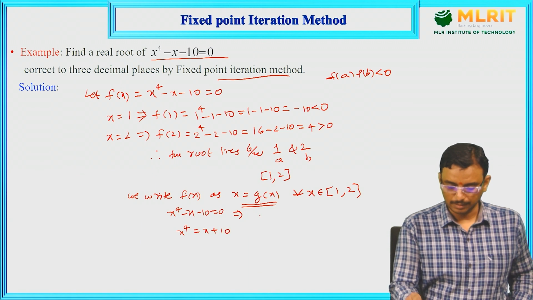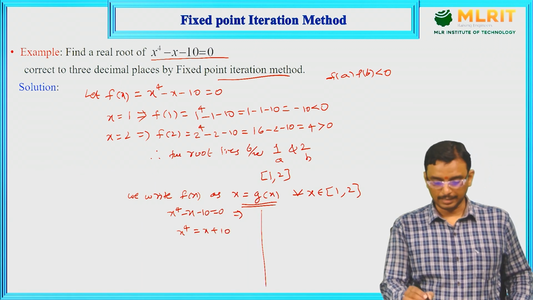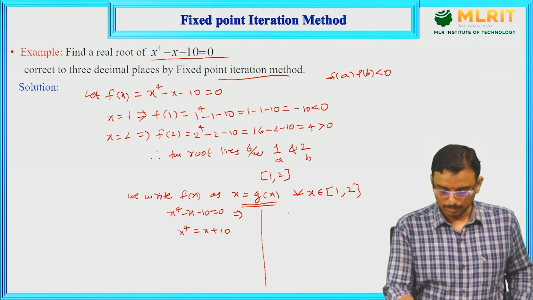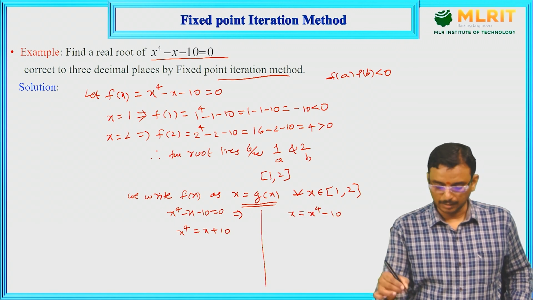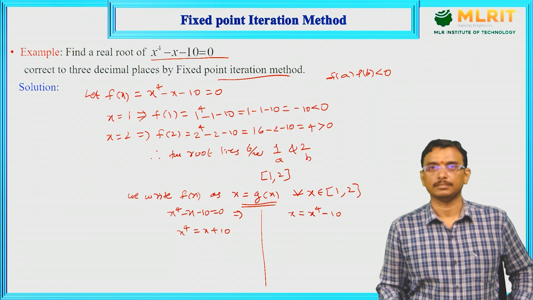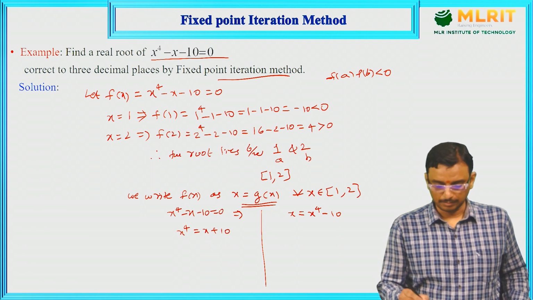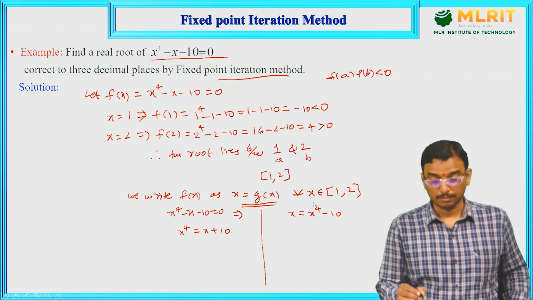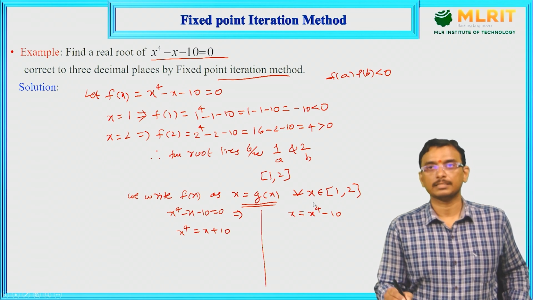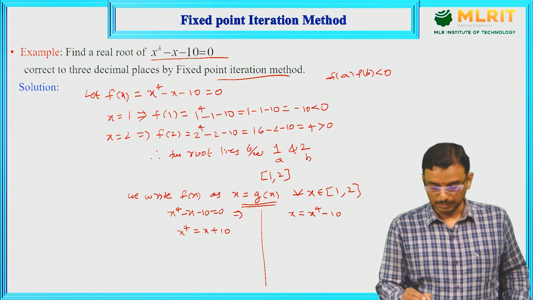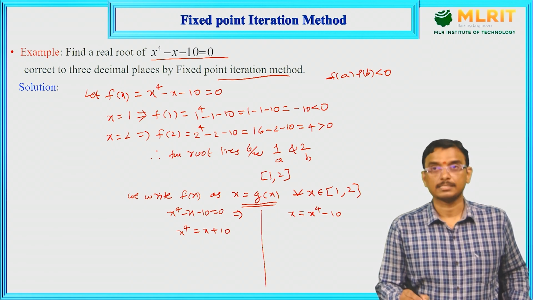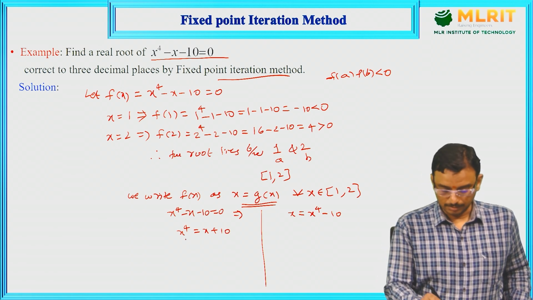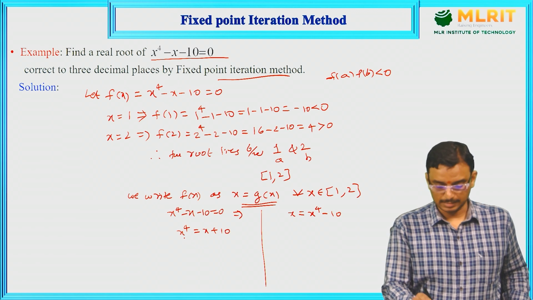This is one way, and another way we can write it as x is equal to x to the power 4 minus 10, and many other ways. But how do we know exactly whether the sequence converges and the root exists or not? If it is divergent, the sequence does not exist. So we have to check which sequence exists or converges. Right, so x power 4 is equal to x plus 10.